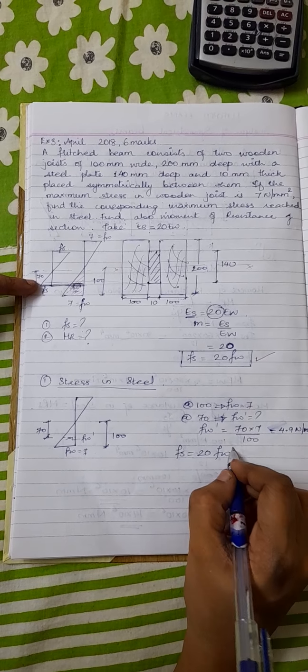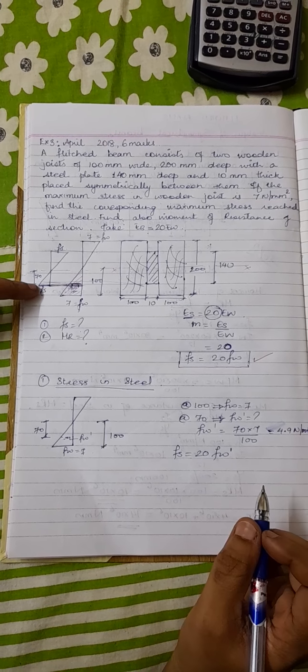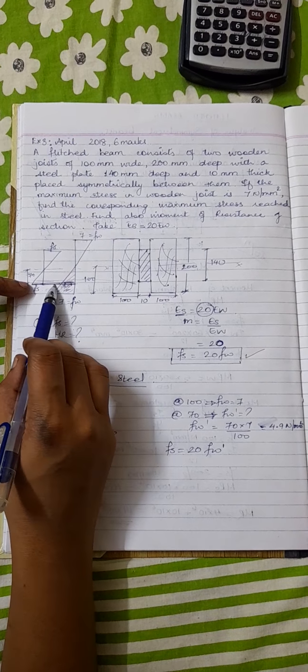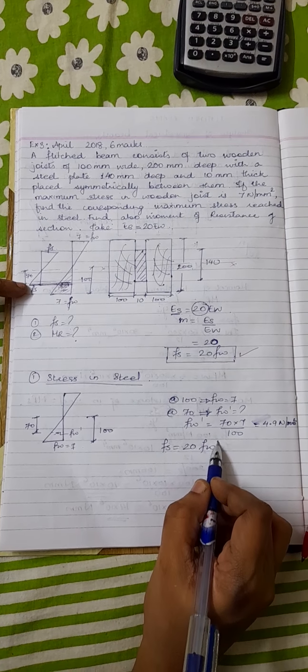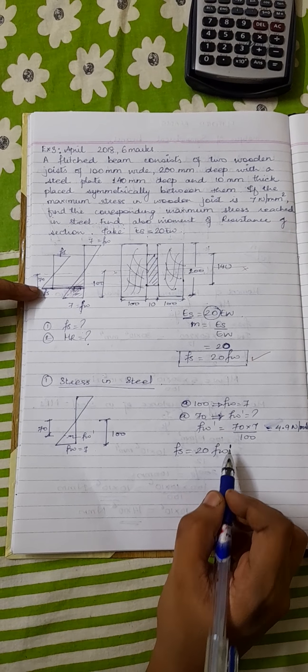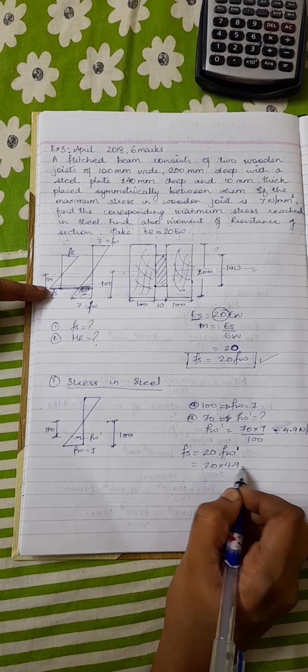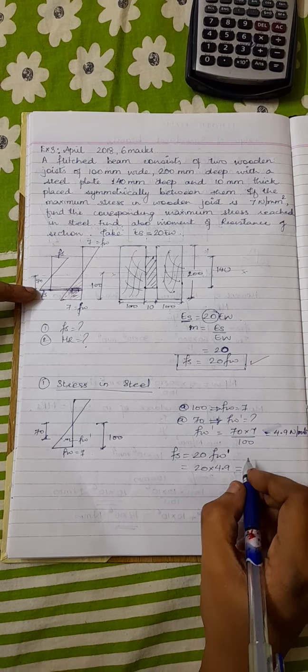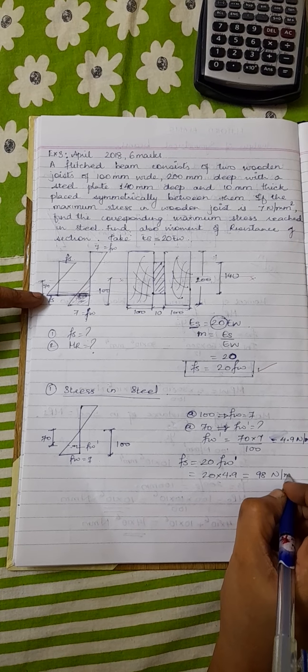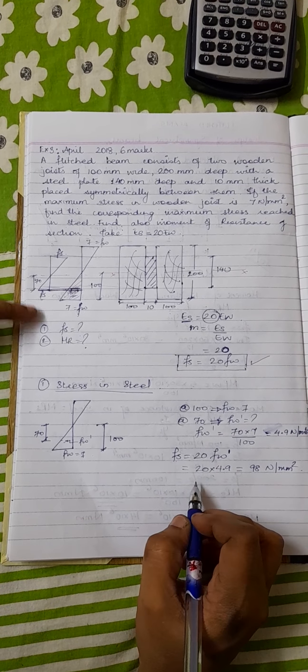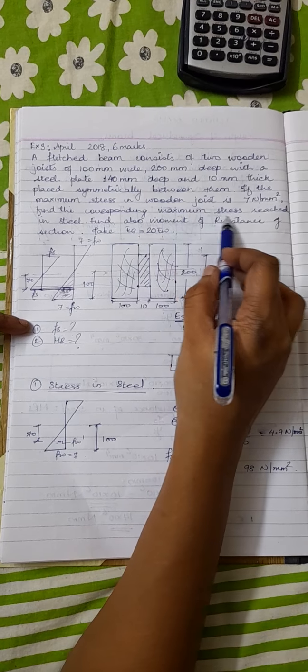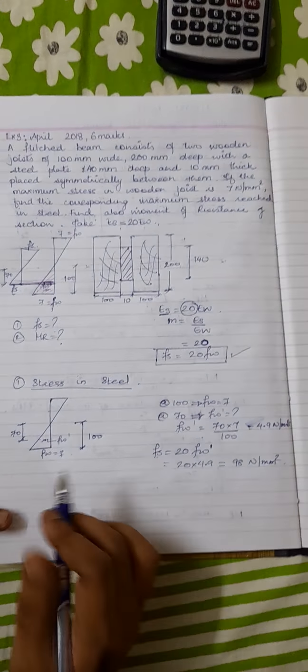Although this is maximum, I need this, so that is why I have put w dash. So this is going to be 20 into 4.9. So this value is 98 Newton per millimeter square. This is going to be the maximum stress in steel which is asked to find. So part 1 of the solution is over.